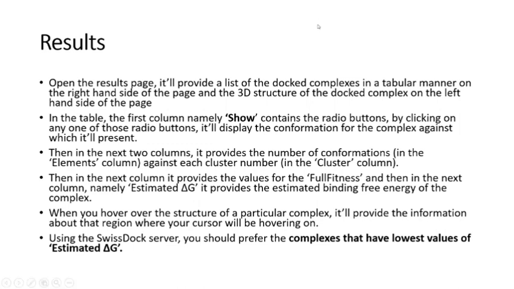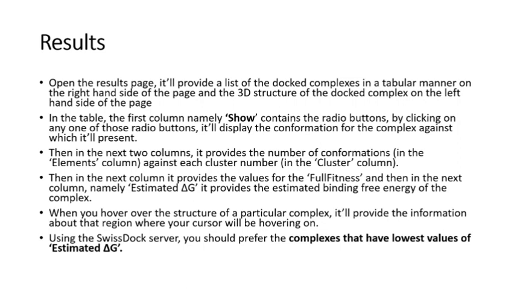In the result page, you will see a table which contains the delta G value, which indicates the Gibbs free energy. We can see the ligand will be docked to different areas of the particular target molecule, and we can download the data and find out which binding area is needed for you, whether the ligand is binding to the active site you are targeting.